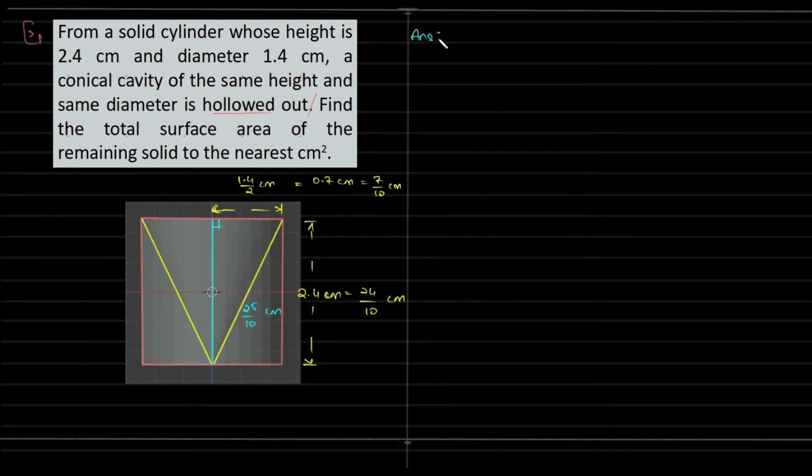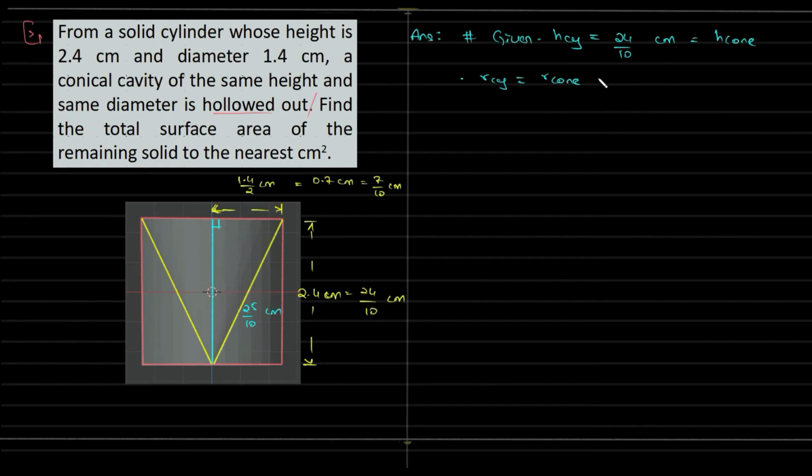So moving on, let's start calculating. Height of the cylinder is 24 by 10 centimeter. Next, radius of the cylinder is the same as radius of the cone, and this is also the height of the cone.